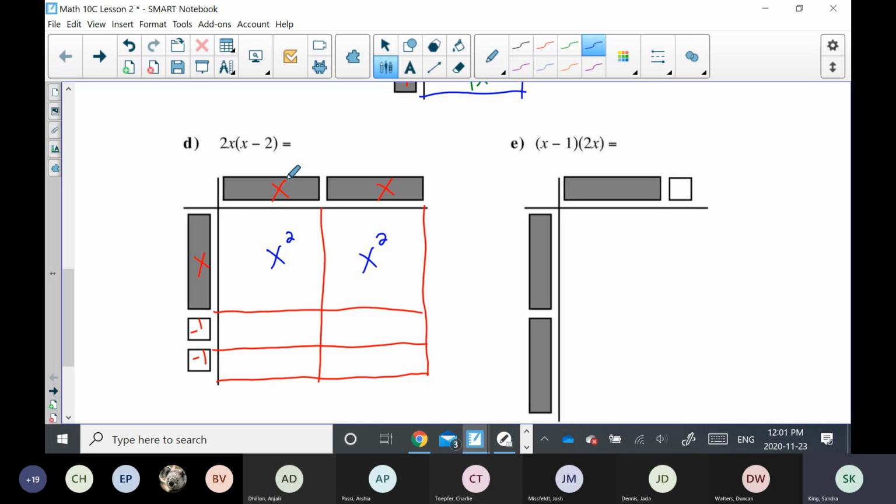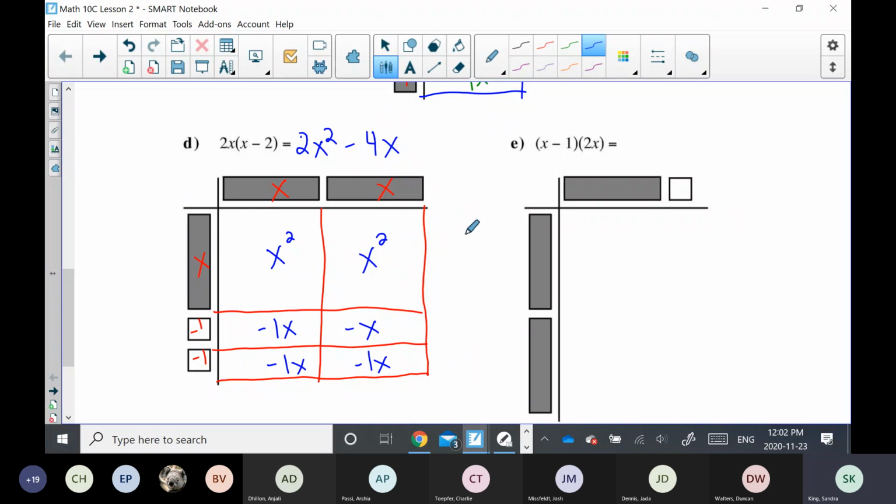These rods, it's X times -1, so each of these rods would be considered either -1X or just -X, however you want to write it. The area of this would be 2X squareds, and then there's -4X's. Okay?